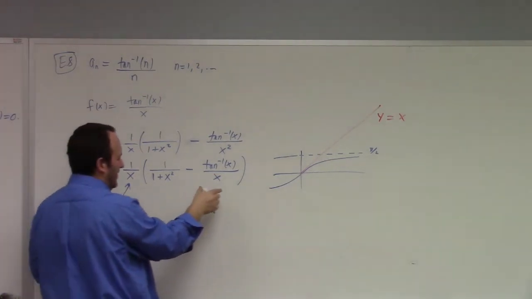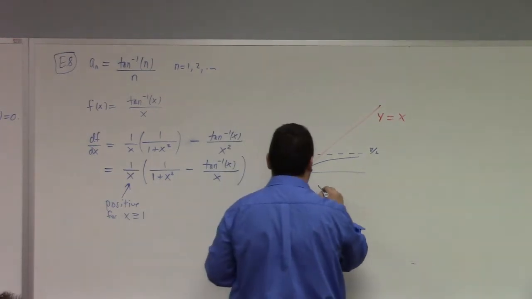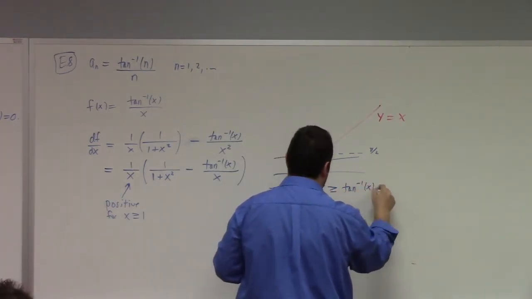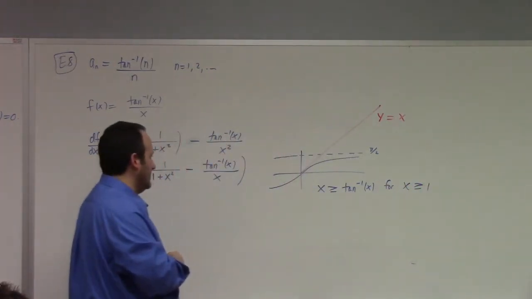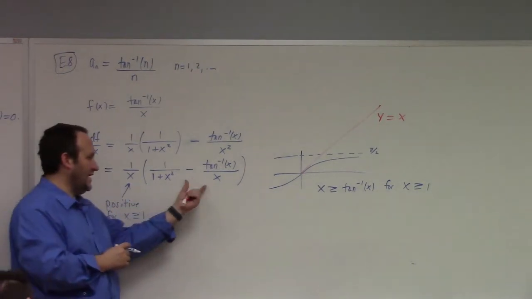I mean, it's clear to me that x is greater than or equal to inverse tangent of x for x greater than or equal to 1 from thinking about the graphs. But man, I still have that 1 over 1 plus x squared, which is also what? Smaller than 1. The question, which one of these is, I don't know.